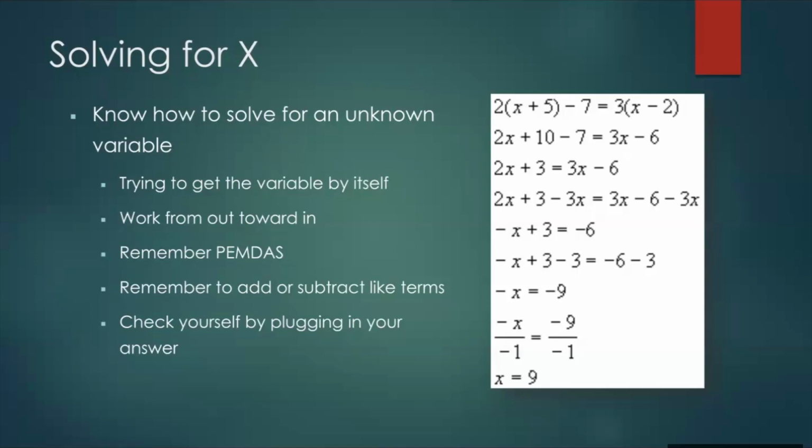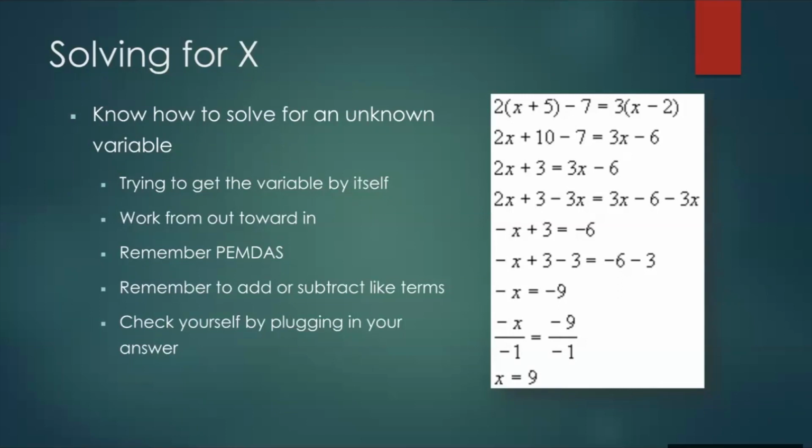For 2 times (x plus 5), we multiply the 2 times the x, and we get 2x, because we can't multiply those out fully. x is not a number, it's just a variable. Then we multiply 2 times 5, which gives us 10. And then we just have minus 7 at the end, tagged on because it's not being multiplied by the 2 or anything else. It's being subtracted after the others.